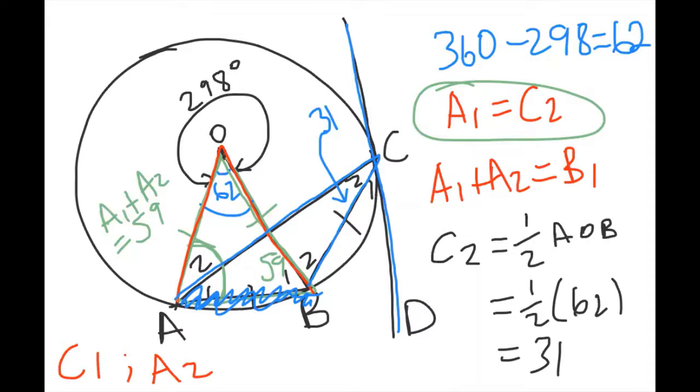Sorry, 31. Because C2 is 31 and A1 equals C2. So C2 is 31. So A1 is also 31. Not 62, 31. So now we have A1 that is 31. And now we can see if we can continue.